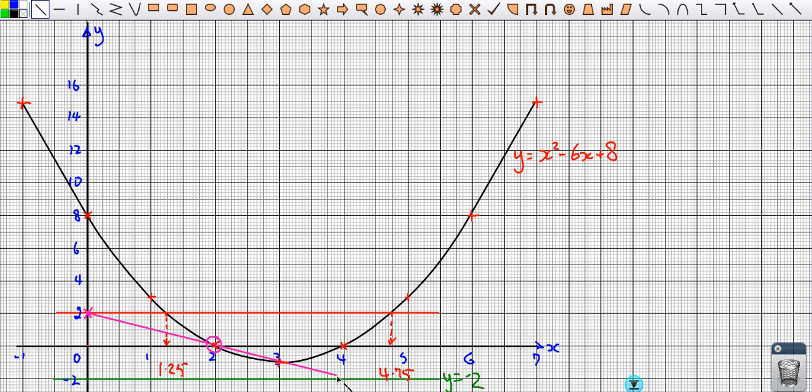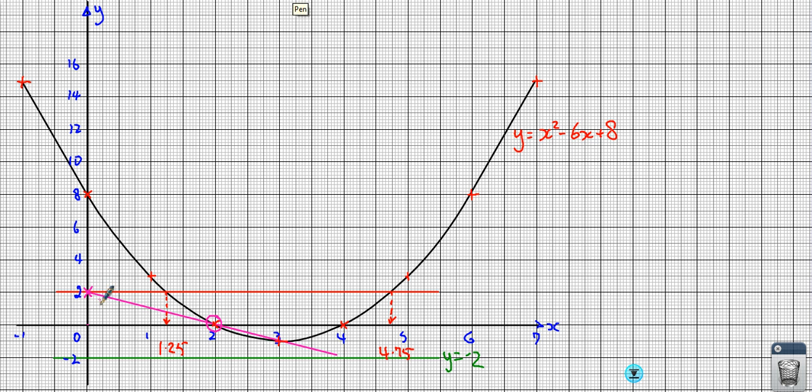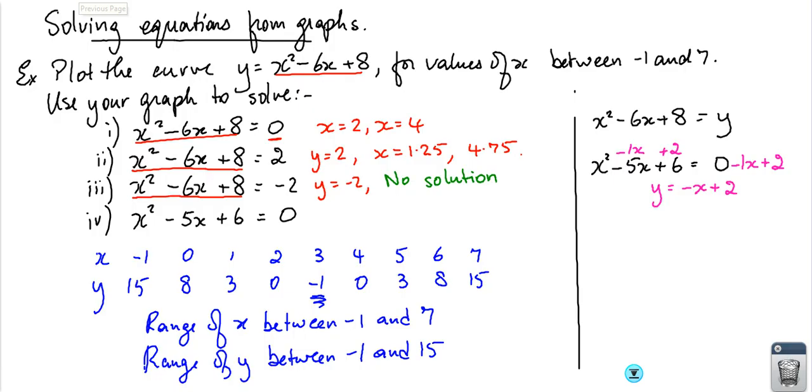That is the line y equals minus x plus 2. And that line meets the curve at 2 points, at 2 and at 3. So the answer to this part of the question, x equals 2 and x equals 3.